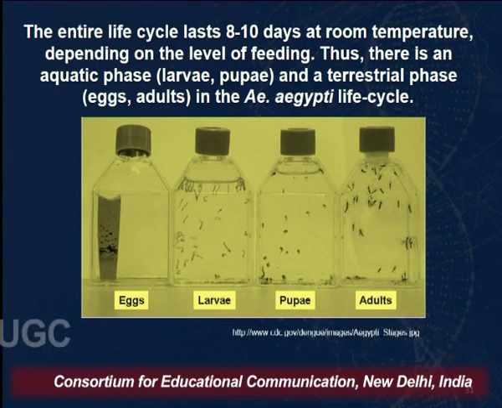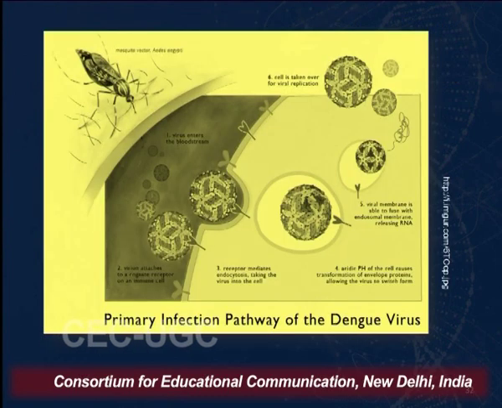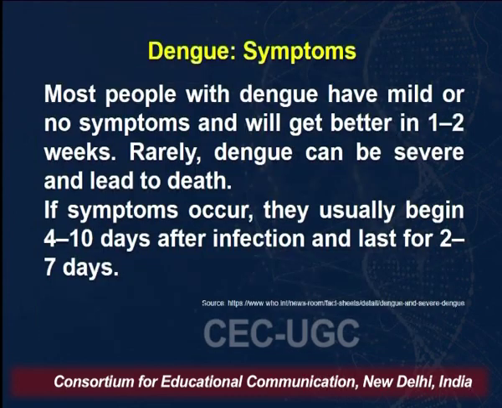Now, this diagram shows the primary infection of the dengue virus, how the virus enters the host system and uses it to replicate, so that more copies of the virus are made within the host cells.